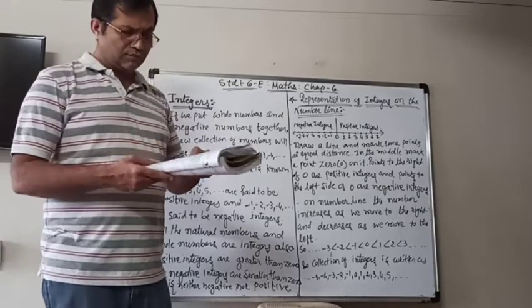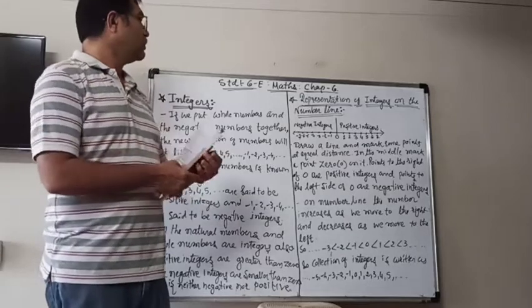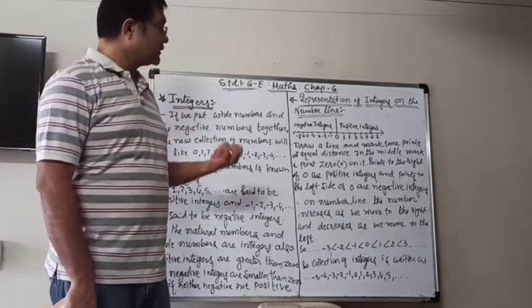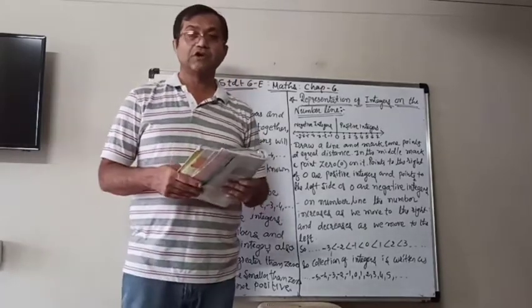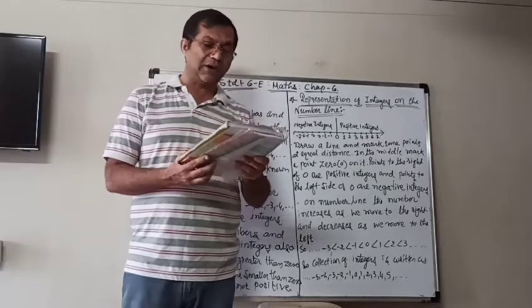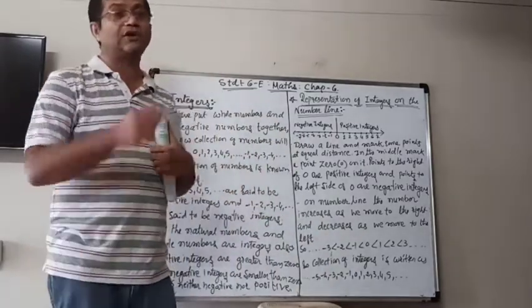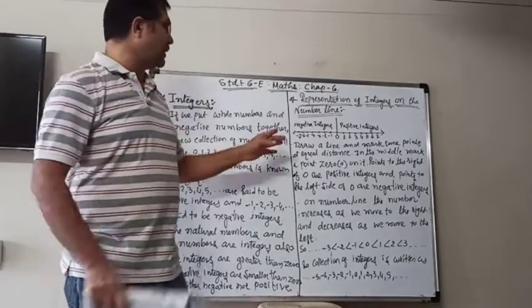So now the collection of integers can be represented on the number line also. We are going to learn about the representation of integers on a number line. To represent them on a number line, what do we have to do?